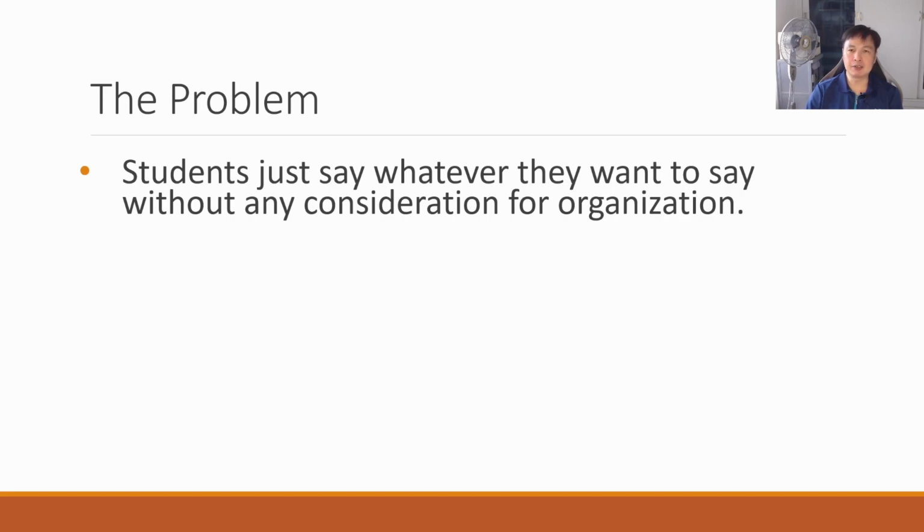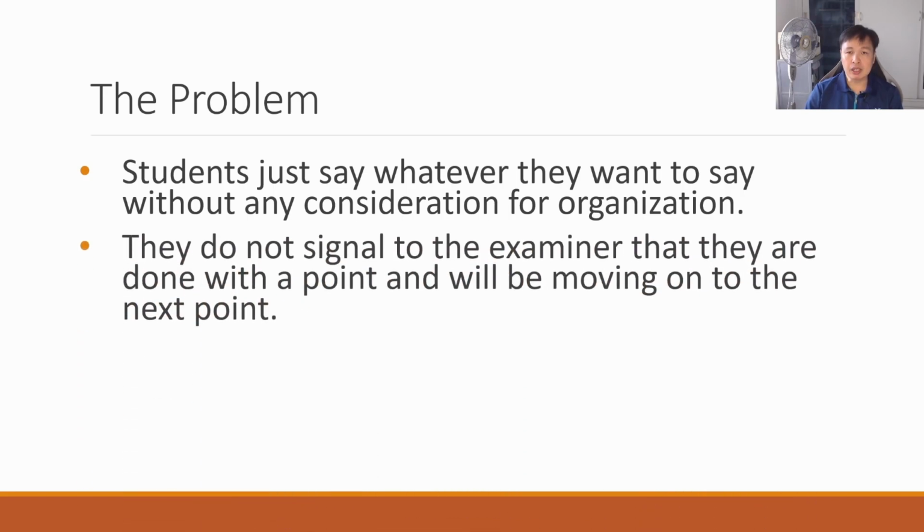And a lot of this stems from having fear of forgetting what to say, fear of not knowing what to say next. So the moment they think about the next point, they just jump in and try to present that point. So what happens is that they do not signal to the examiner, right, that they are done with the point and will be moving on to the next point.